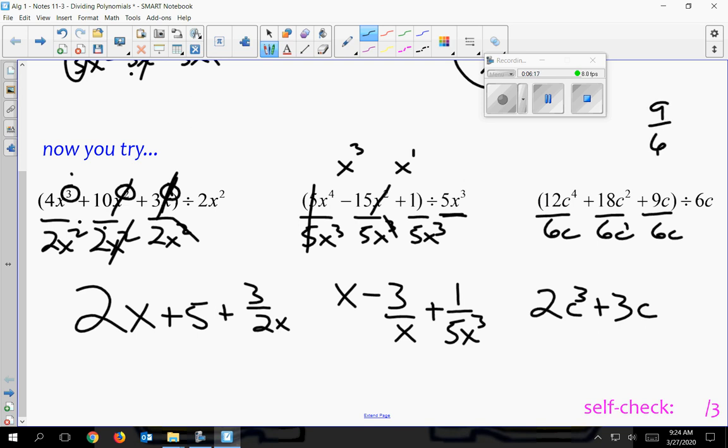But can I reduce it at least? It doesn't divide, but I can reduce it. 3 goes into both the top and the bottom, so I get 3 over 2. And then the c's are going to cancel each other out because they're the same power. Okay, so that's how you get those. So that's just like reducing fractions, and we end up with some kind of answer there.